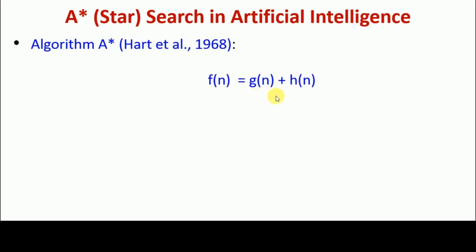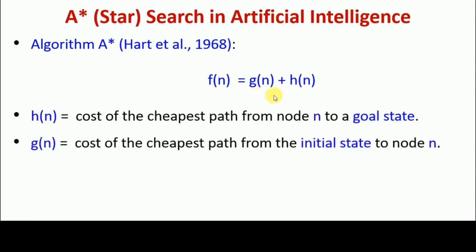So that is the 2 information we use so that we can select the successor node. For each successor, we will calculate this particular value. Based on this value, we select the successor node, and then we proceed in this direction so that we can reach the goal node.